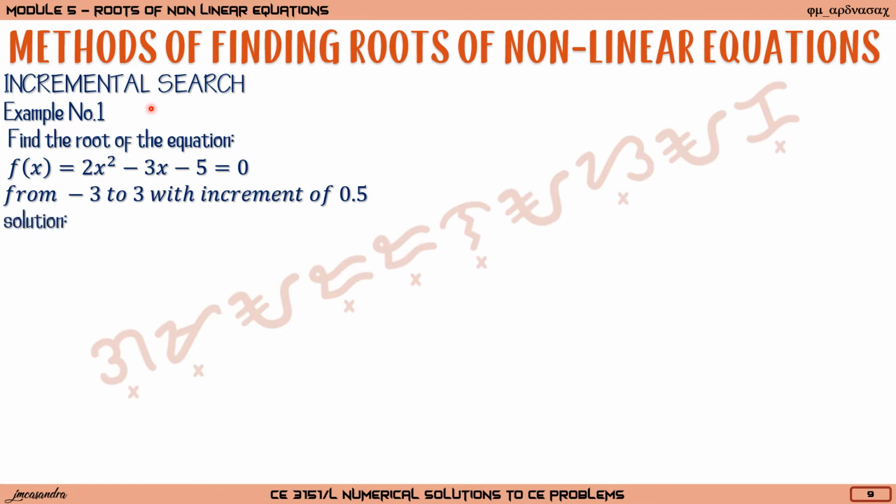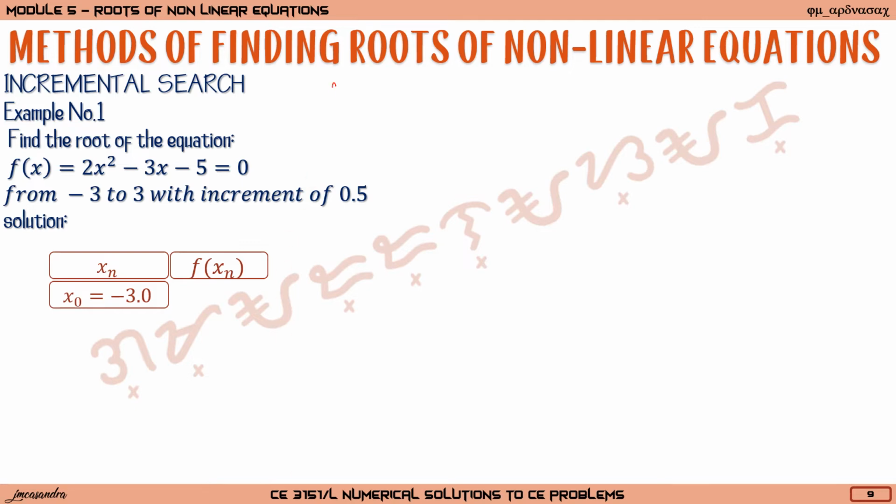Okay, so by solution, x sub n. We have our x sub 0 from our lower limit, and from there we substitute it in our equation, so we'll have the function of x for the given x sub n. Our first x is -3, so we just substitute -3 in our equation.